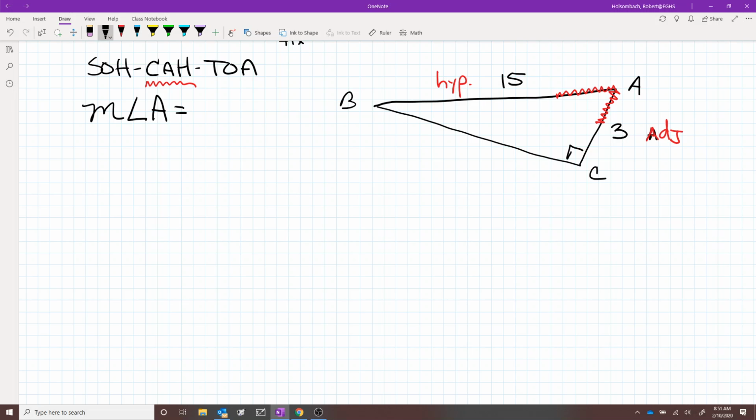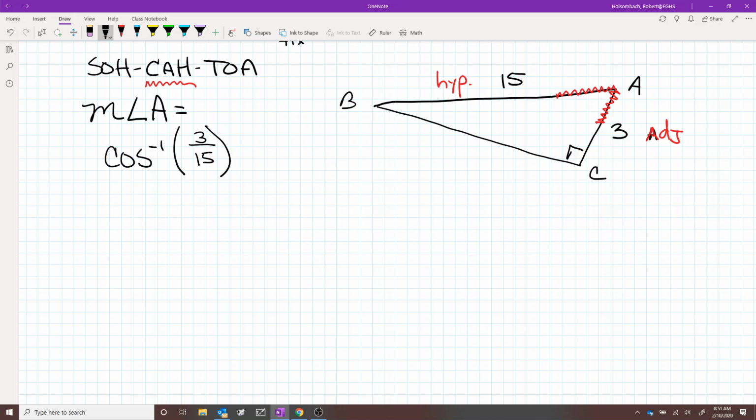So here's our expression. Inverse cosine of adjacent over hypotenuse, so 3 over 15. And then back in the calculator, 3 over 15, second cosine, equals.